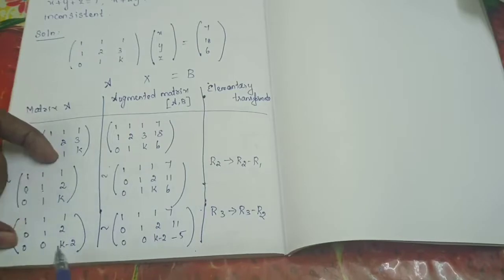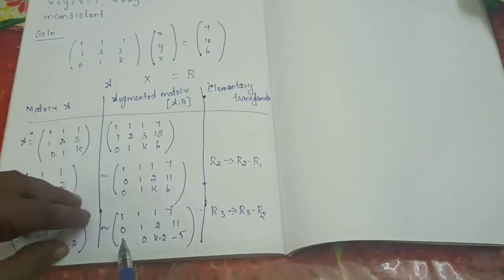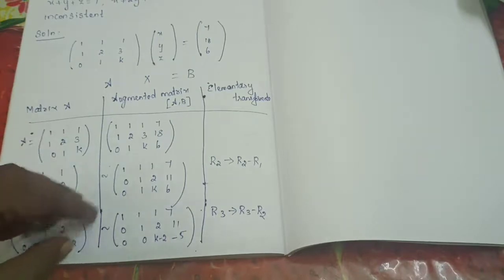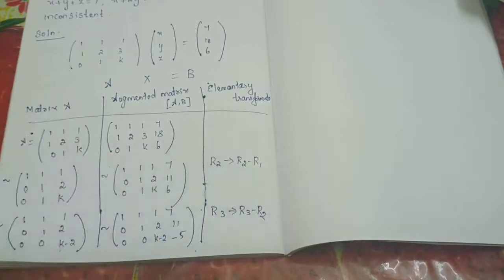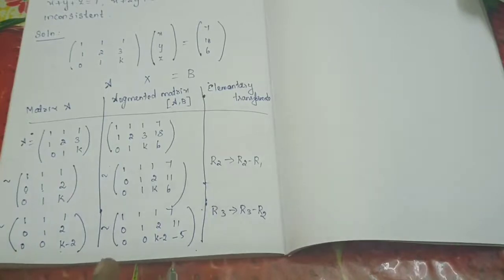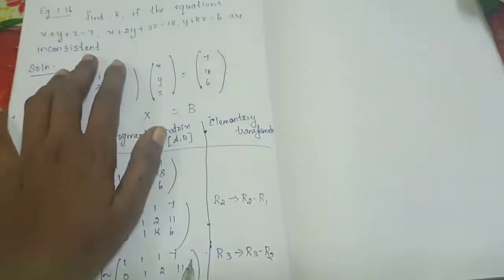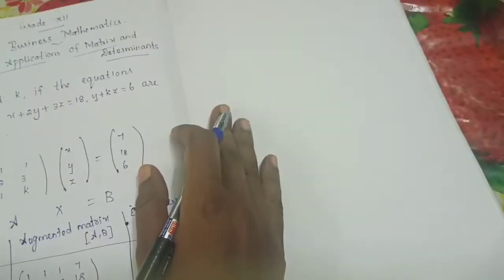Listen carefully: if k is 2, rank of A is 2 but rank of A comma B is 3. This is only possible when k minus 2 is equal to 0. Then only the given condition, inconsistent, is true.